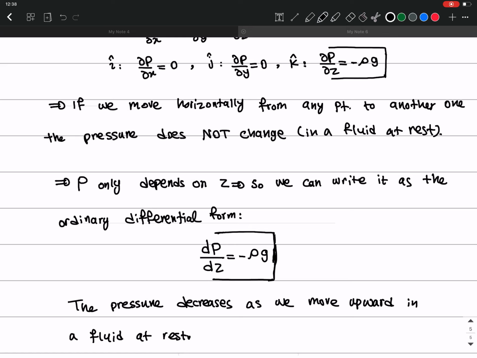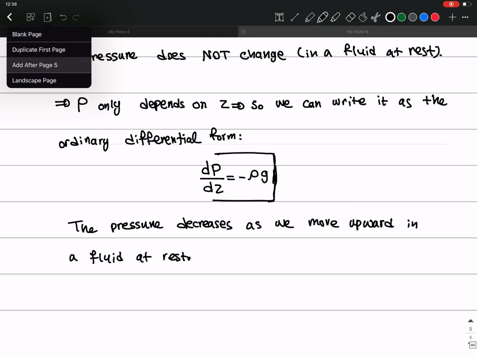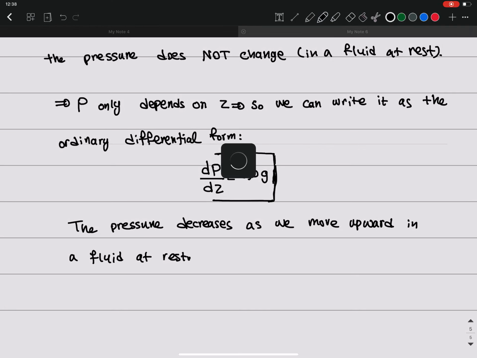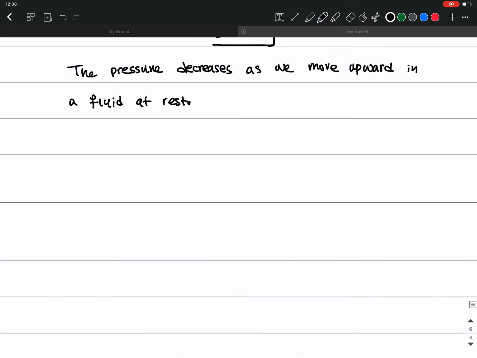So now I want to define something called an incompressible fluid, a concept that we mostly are going to use in this course. We are not going to work with compressible fluids.